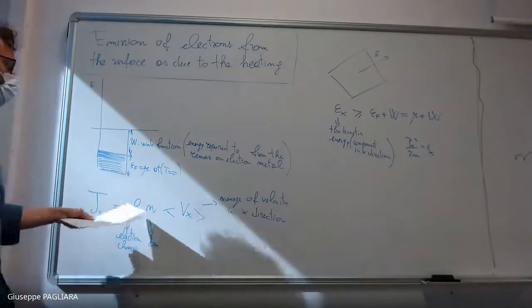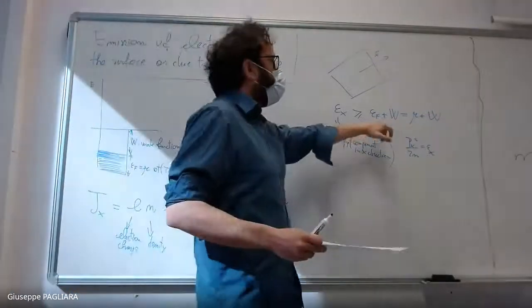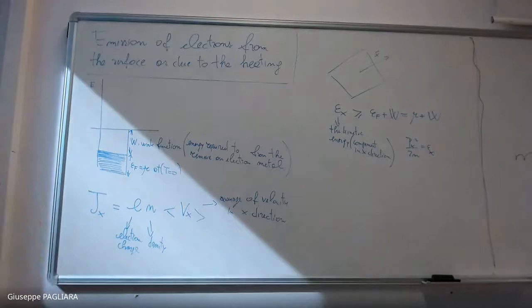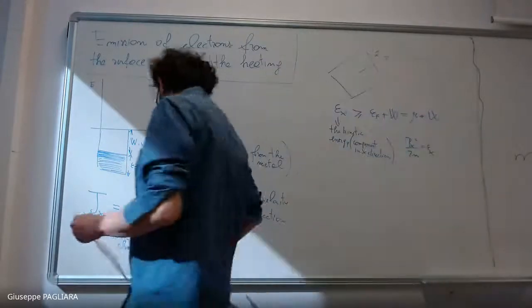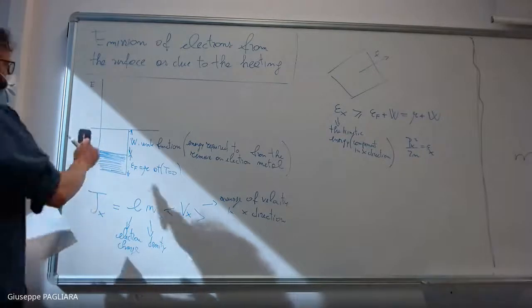Then e and n are given. And we have to compute this average by considering the Fermi-Dirac distribution and by considering this constraint on the kinetic energy along the x direction. So what we are going to do is basically provide an estimate for this average Vx.